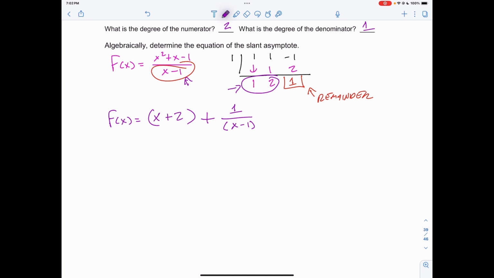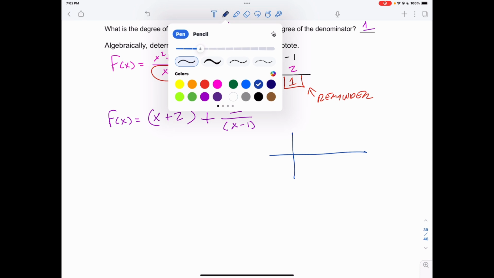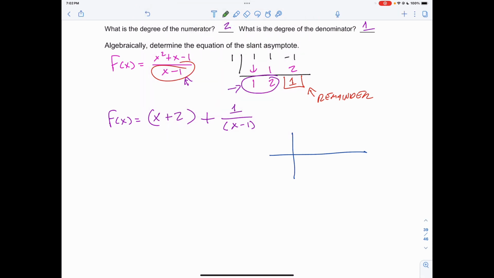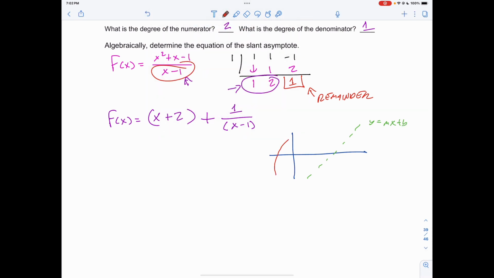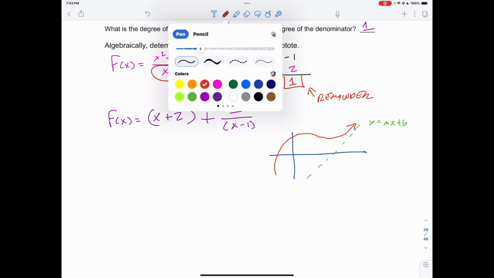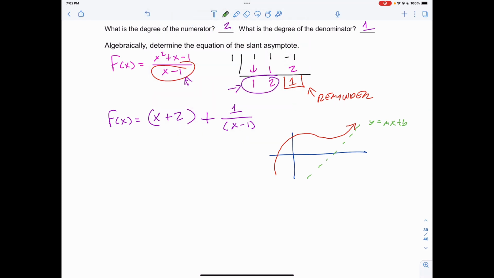Well, what's happening here is if I have a graph where it's approaching a slant asymptote in the form of y is equal to mx plus b, then I'm going to have a distance here.